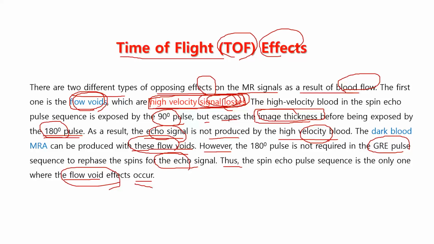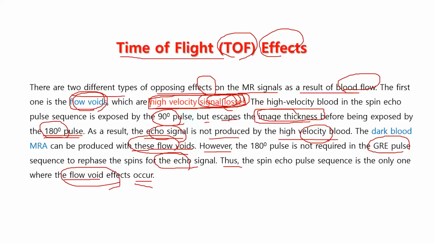But in the spin echo pulse sequence, we have to use a 90-degree pulse first, and then a 180-degree pulse. The function of the 180-degree pulse is to rephase the spins. So we need two pulses, 90 and 180-degree pulse, to produce the echo signal.